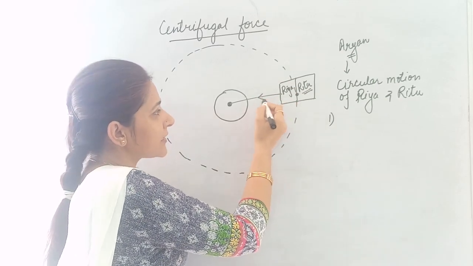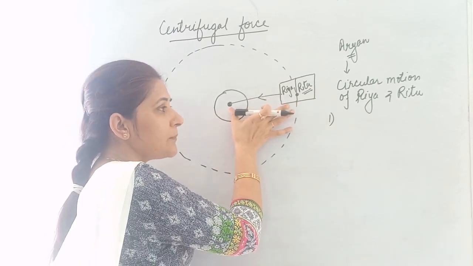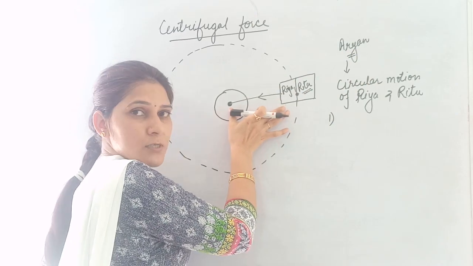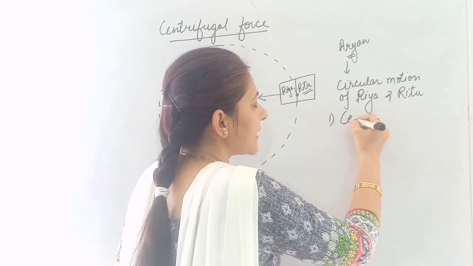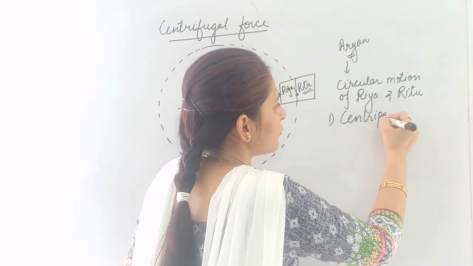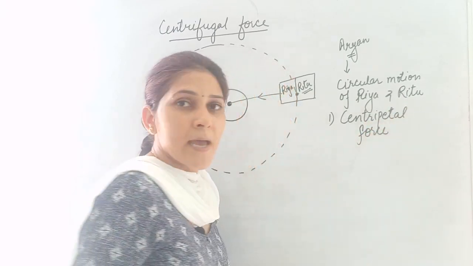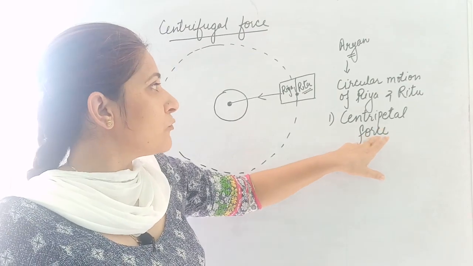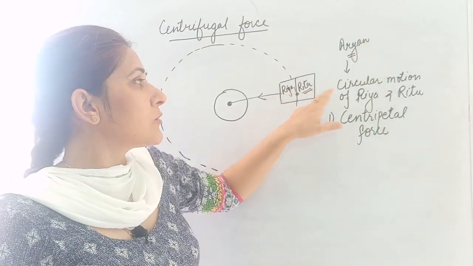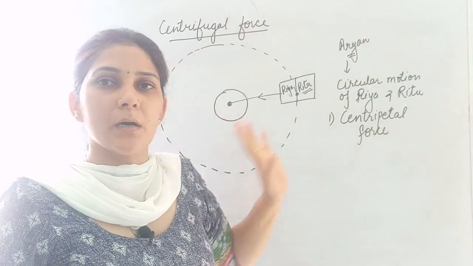So this tension is created in this direction. Means which name can Aryan give to this force? He can call it centripetal force. Aryan is able to observe centripetal force, and because of this centripetal force, he assumed that Riya and Ritu are moving in a circular path.